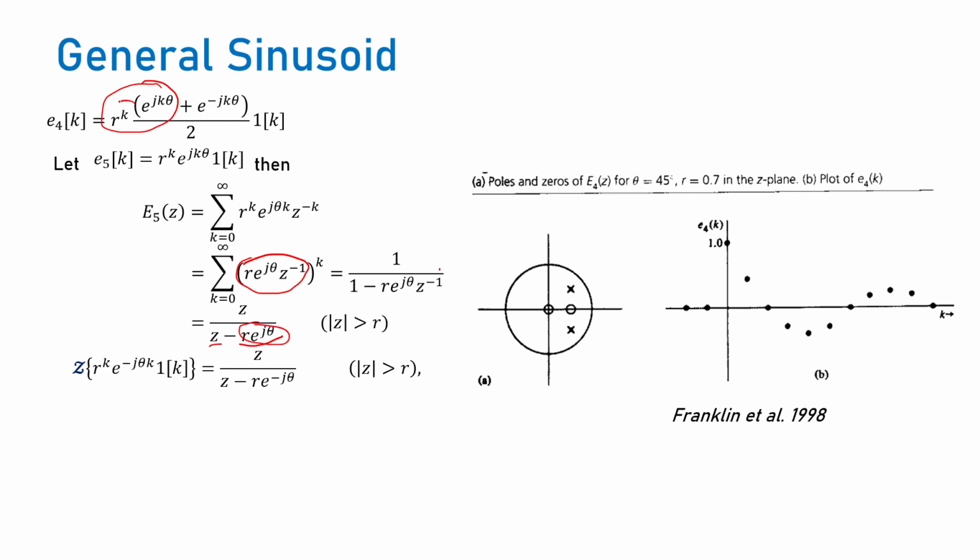Then you have this term. You will have poles. Okay, let me write poles. The first one is r e to the j theta, and the pole for the second one will be r e to the minus j theta, right? So it means you have complex conjugates.